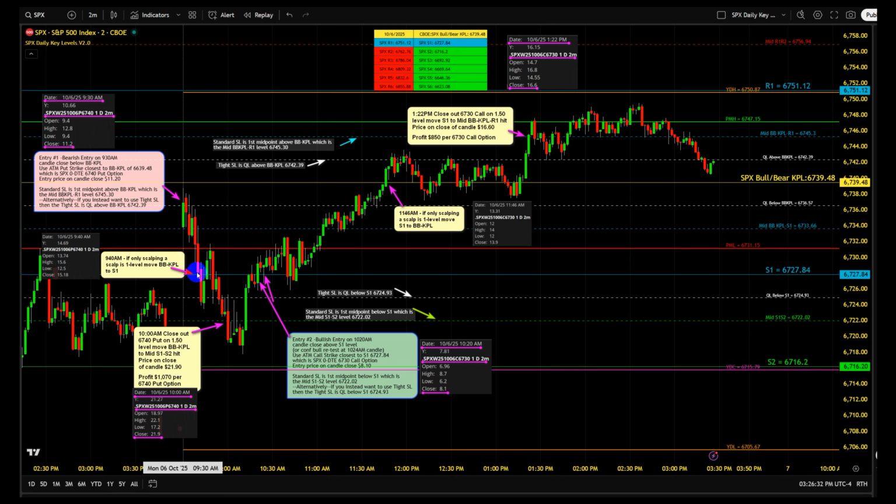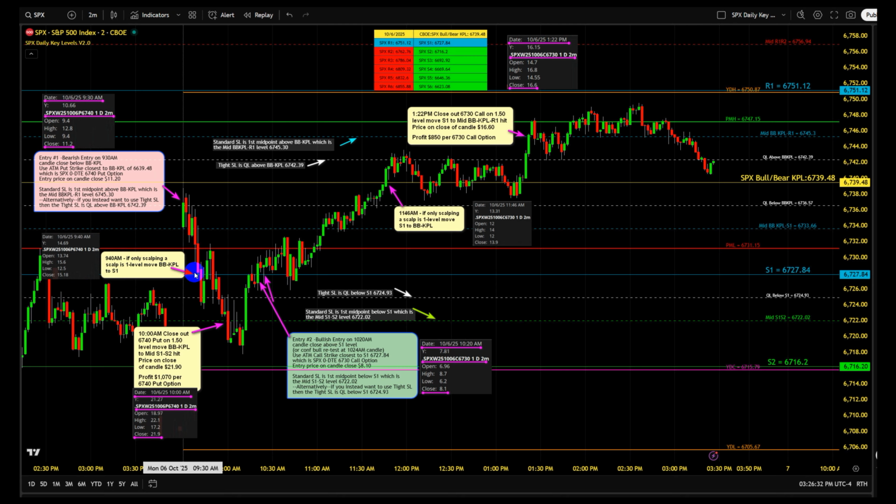When this candle closes at 9:42 a.m., since this is a 2-minute candle, it is $15.18. So you have a profit from 11.20 to 15.18, which is roughly $400 on a scalp per option. So if you're only scalping, you're looking for a one level move.